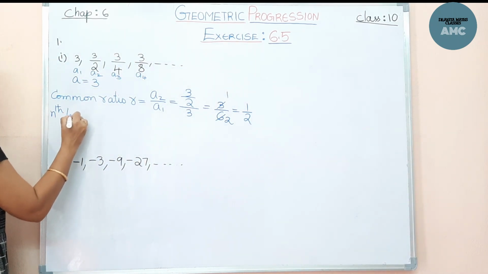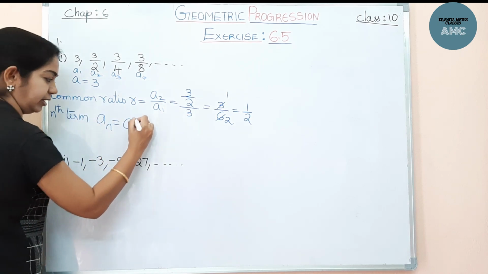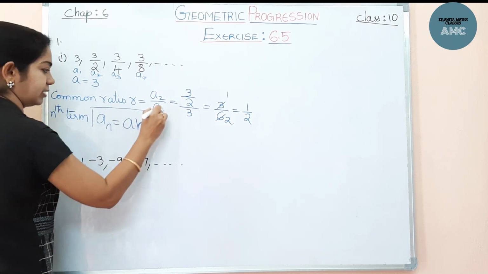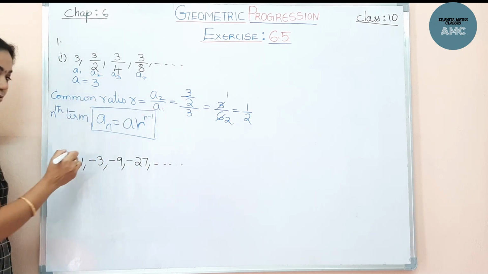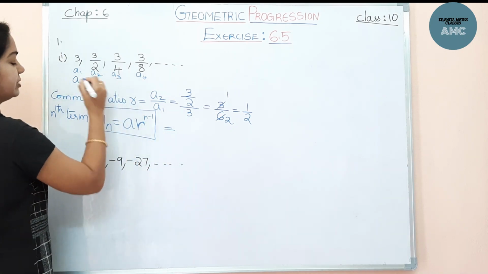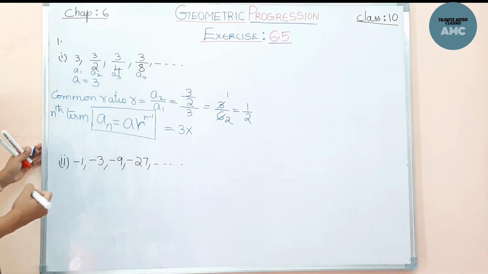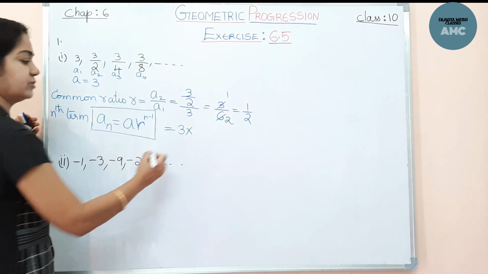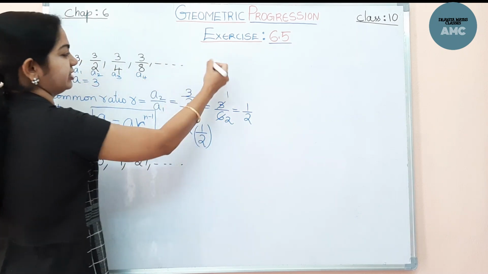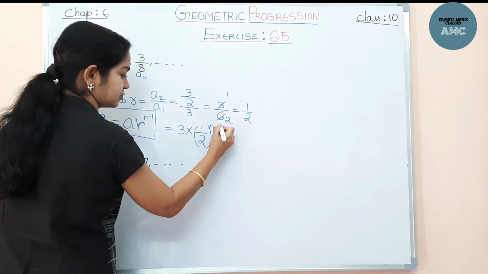The nth term an is equal to ar to the power n minus 1. So this is the formula for the nth term of a GP. Now here the a value is 3, and the r value is 1 by 2, and we don't know the nth term, so just n minus 1 here.